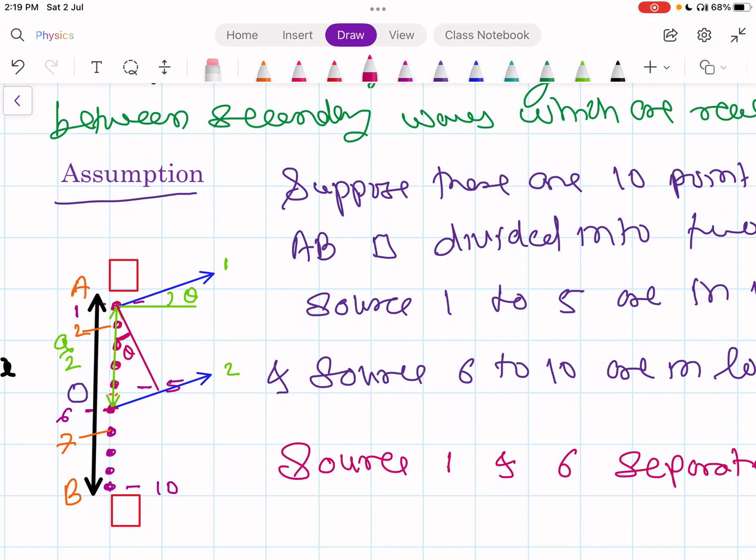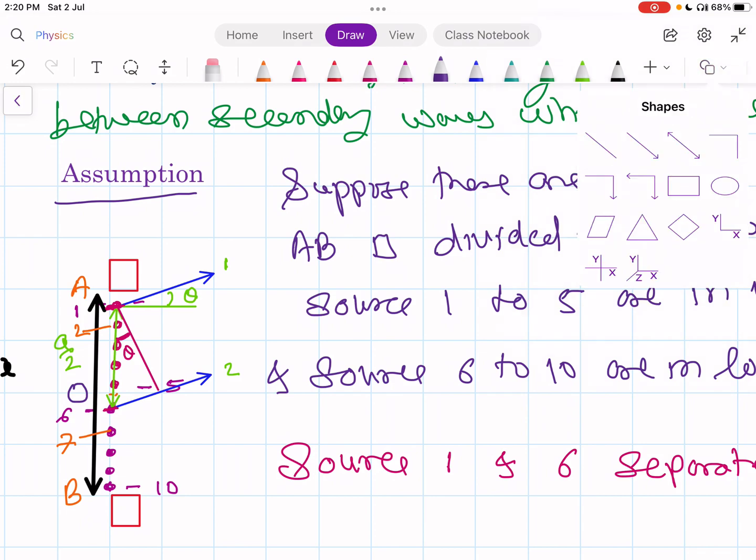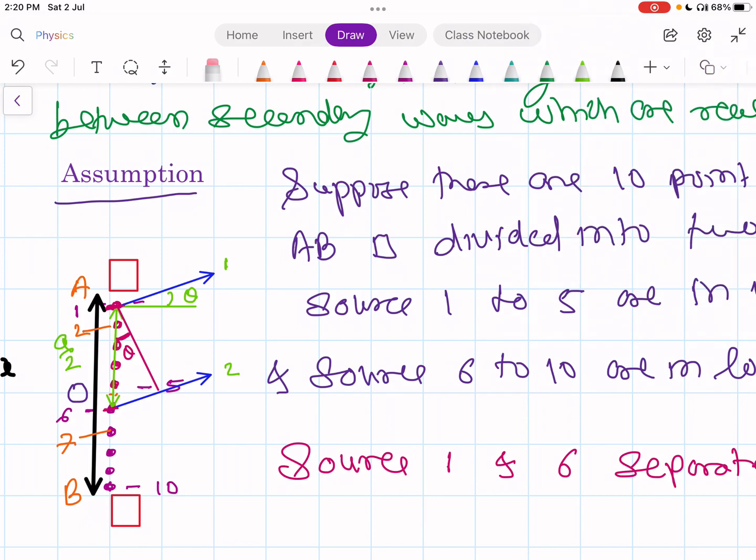This distance between the source 1 and 6 is a by 2, and therefore the path difference between these two waves is this. From the figure, we can conclude that path difference is nothing but a by 2 sine theta.